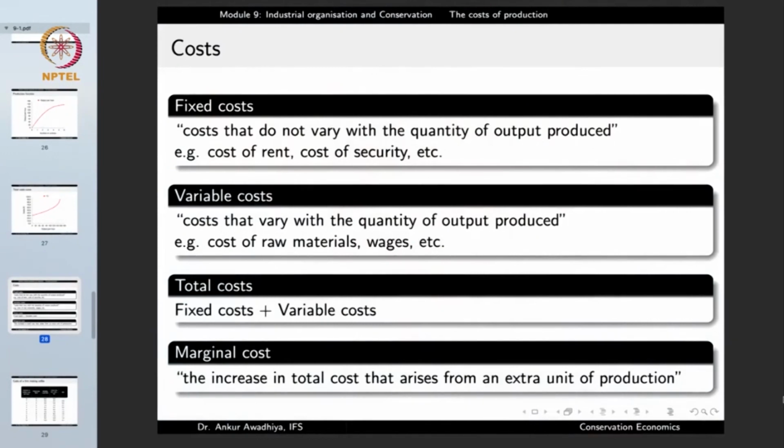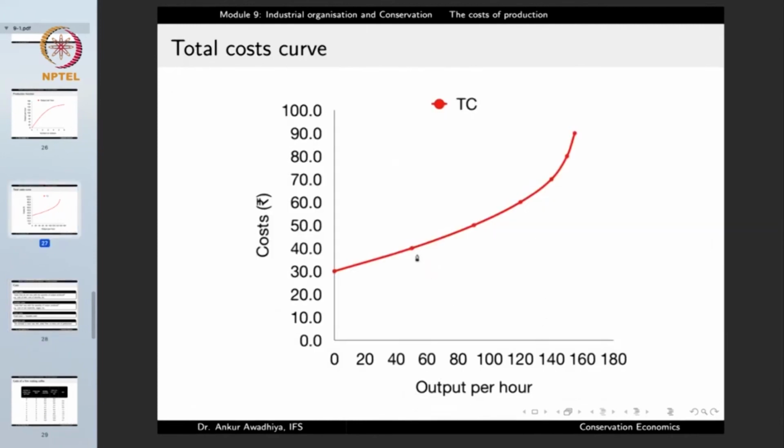Total cost is fixed cost plus variable cost, and marginal cost is the increase in total cost that arises from an extra unit of production. So what we are asking in the case of marginal cost is, if you want to increase the output by 1 unit, what is the cost involved to increase that?